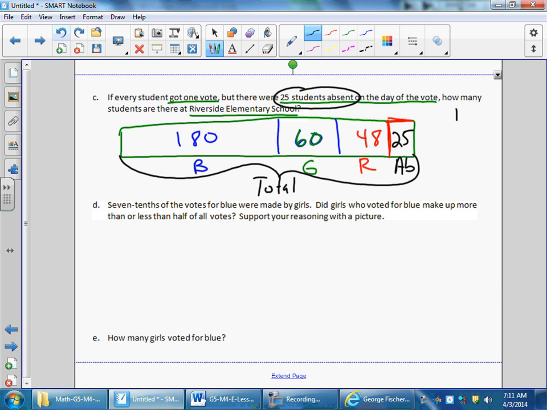I would take 180 and 60 and 48 and 25 to get my answer. There are 313 students.